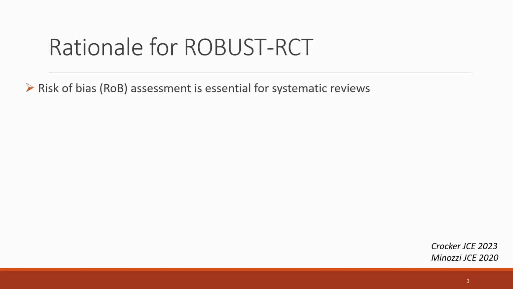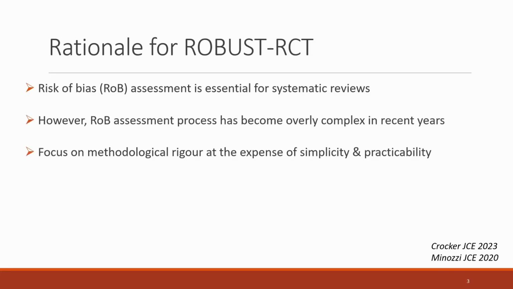So what drove us to develop ROBUST-RCT? I mean, you all know that risk of bias assessment is an essential step in the systematic review process. However, we did a systematic survey at some point on risk of bias tools that have been developed in the last 10 years.